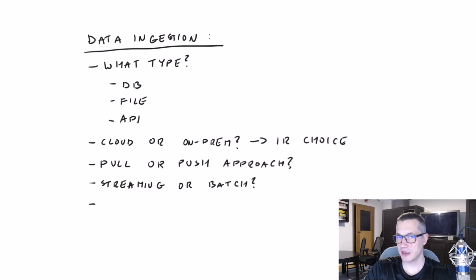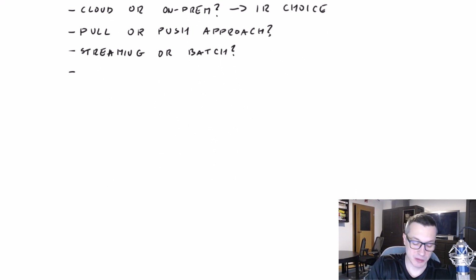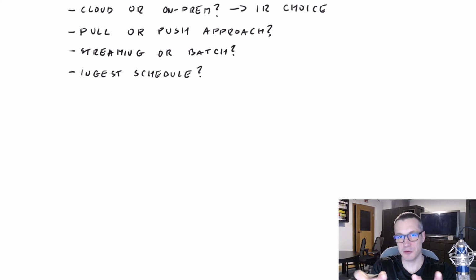So the next question is, all right, what should be the schedule of our ingest process? So assuming that we are going with the batch approach, the process will be executed maybe a few times a day at specified times.